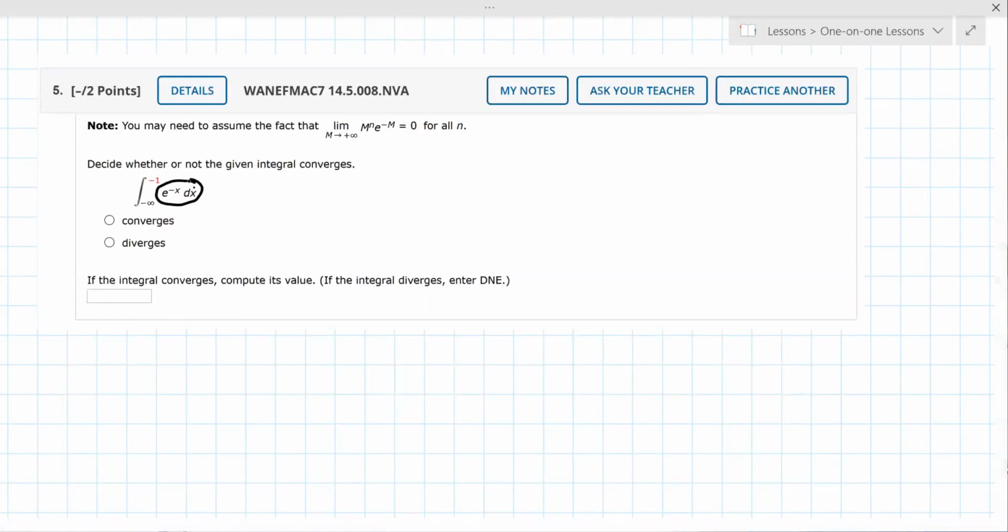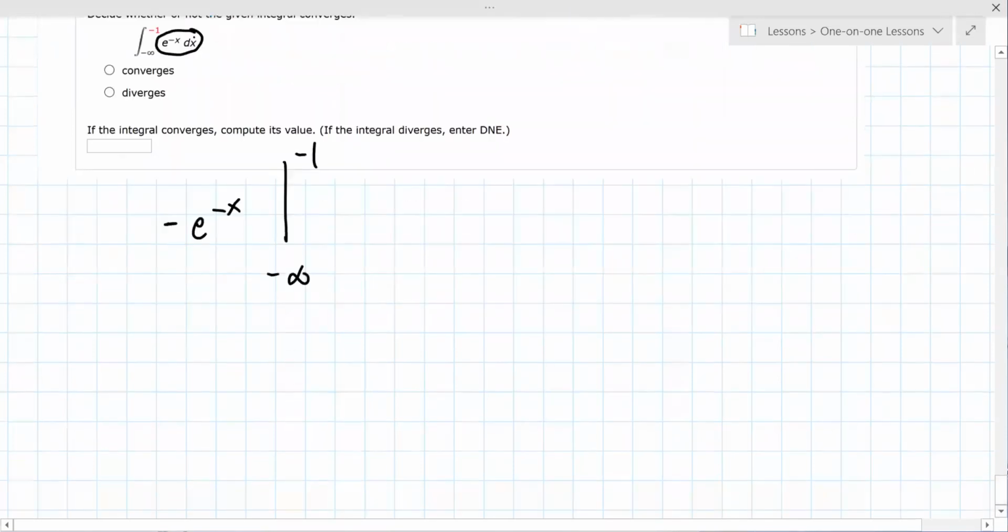All right. So e to the minus x, its antiderivative is itself, but because of that negative in front of the x, there's a negative that goes here. This is from minus infinity to minus 1. So we're going to put in the minus 1 first. So it's minus e to the minus minus 1. Lots of negatives. Minus e to the minus minus infinity.